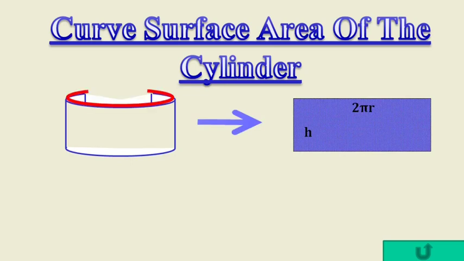This rectangular sheet, the length of this rectangular sheet is labeled as 2 pi r. Why? Before converting it into a rectangular sheet, it was a curved surface, and the upper edge of this curved surface, which is highlighted in red, was a circular ring.